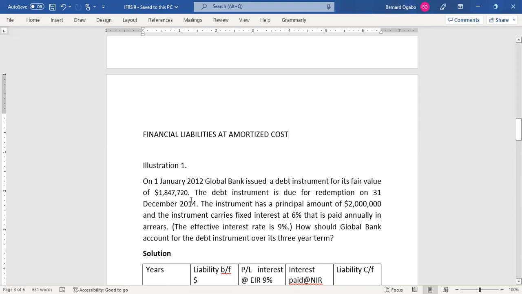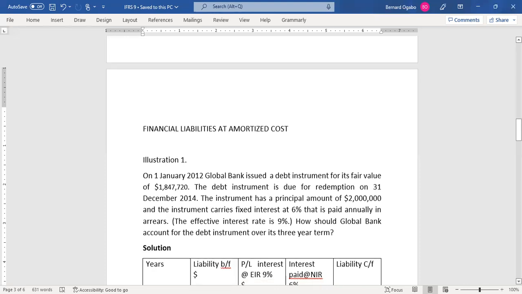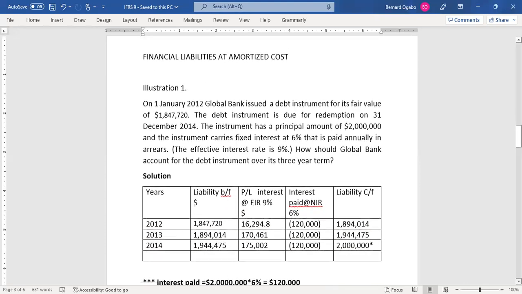This already shows that there's a sort of discount on this instrument. So how do you go about it? When you want to account for financial liabilities using amortized cost, you simply use the effective interest rate on the amortized value. So look at the steps that I have taken in these illustrations.